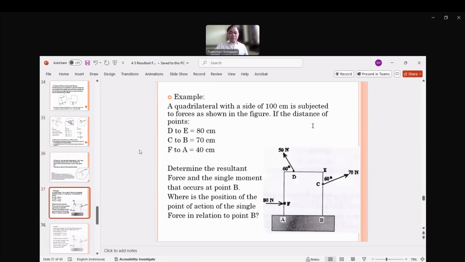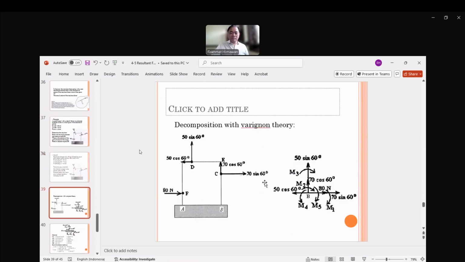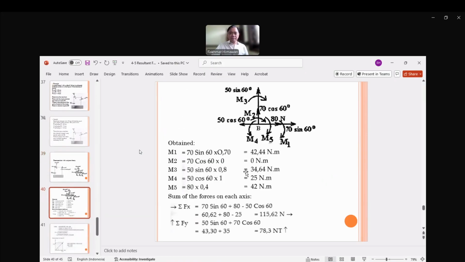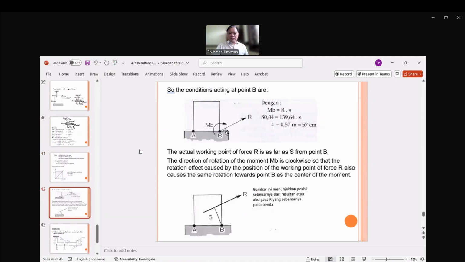So this is when we transfer a moment. This is another example where we move all the forces to point B and see the moment that we need to put based on the rotation effect of those forces, until we find the resultant and its direction.